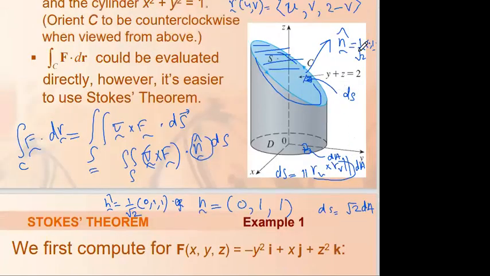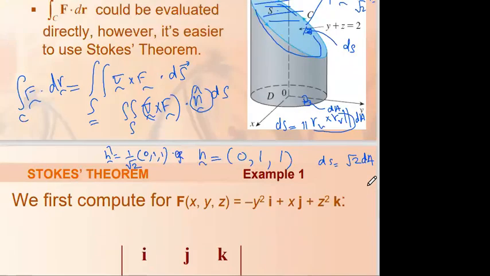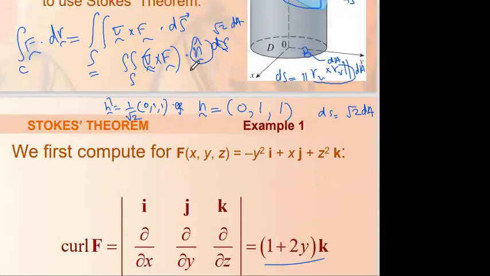Look at the normal vector: 1 over square root 2, and this one is 1 plus 2y divided by square root 2.